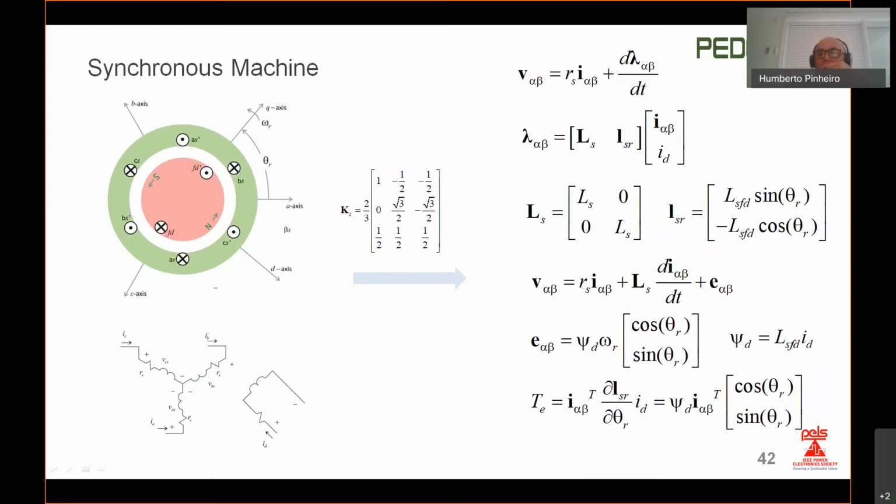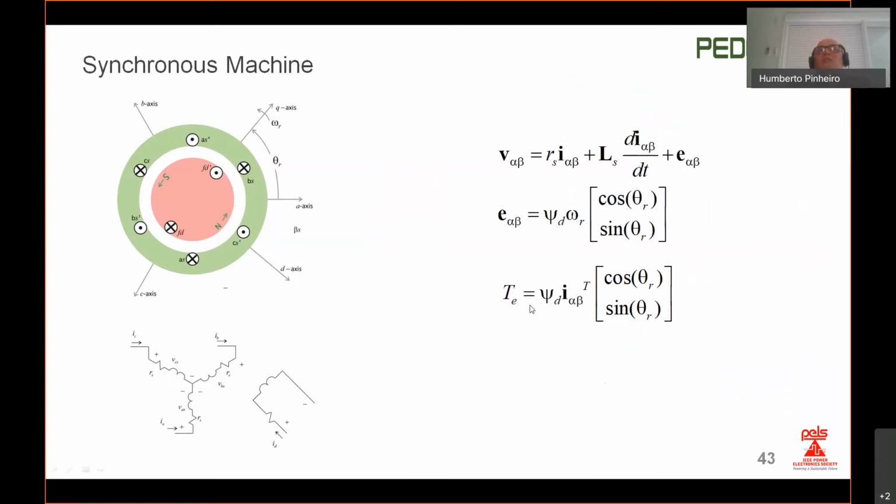If you take the derivative of the energy stored in the field with respect to the rotor angular position, it's possible to obtain the electromagnetic torque. The electromagnetic torque depends on the flux and currents, as well as on the angular position. So in summary, we have these three equations for the machine.